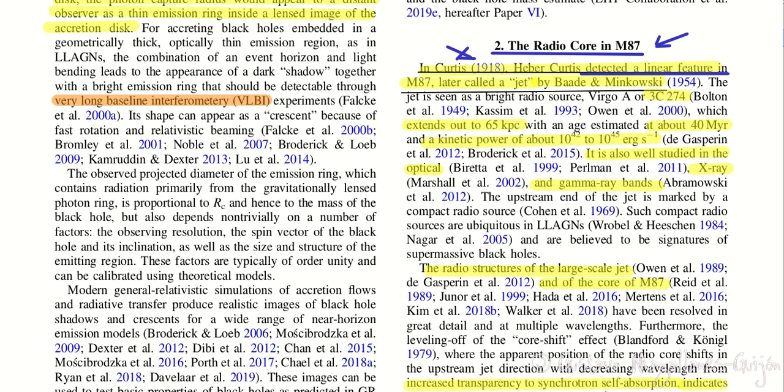This morphology was called a jet, and this jet in 3C 274 extends out 65 kiloparsecs with a power of about 10^42 to 10^45 ergs per second. And it is well studied in the optical, X-ray, and gamma-ray bands.